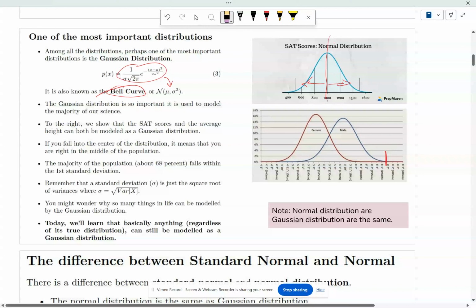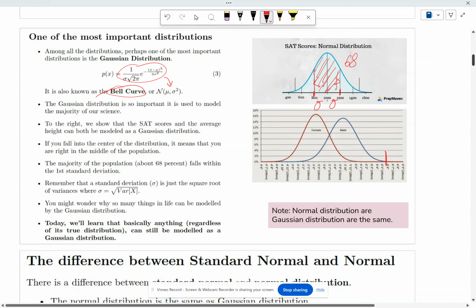With the Gaussian distribution, we call the center the mean. The average value is essentially the mean. Every single step outward, we call the standard deviation, sigma. If you are one standard deviation out, the area here is 68%.